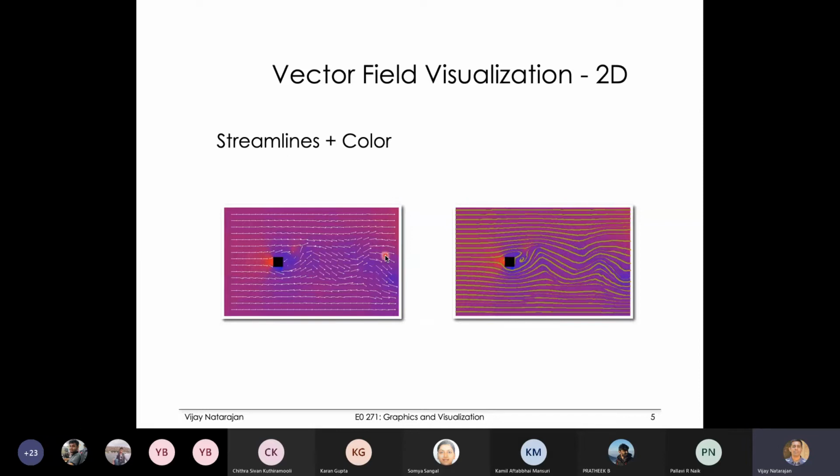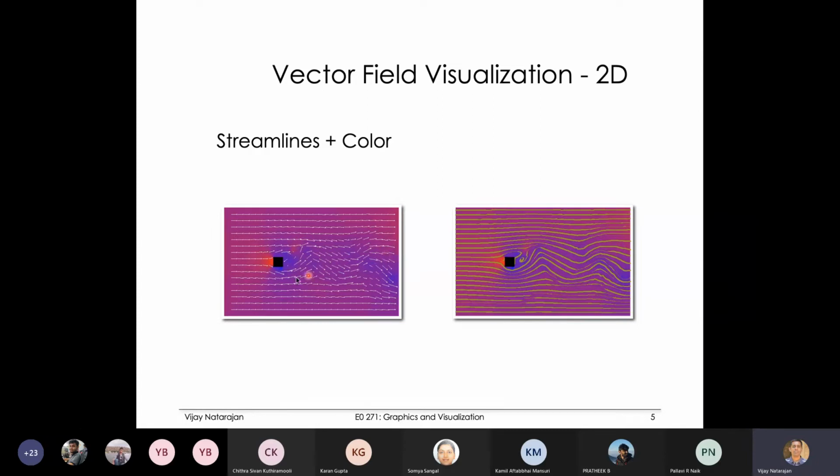So one direction, the x direction, I think, is mapped to red, and the y direction is mapped to blue. So any combination of them is what you see, blue to red. So often a combination of multiple representations is used to generate your final visualization.